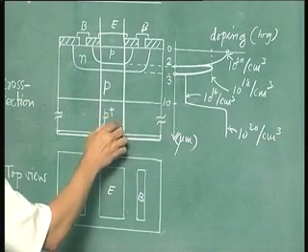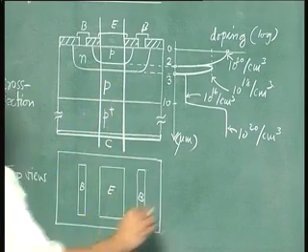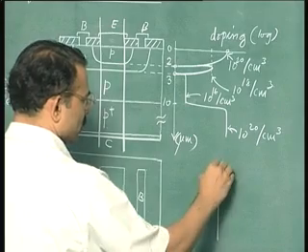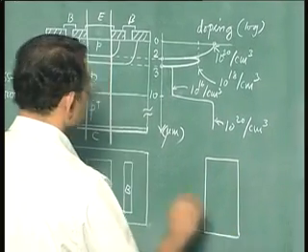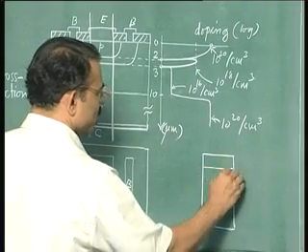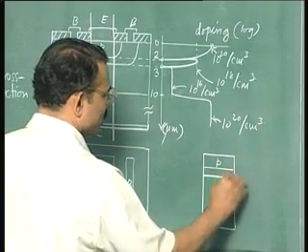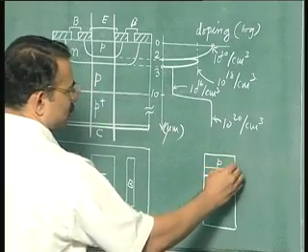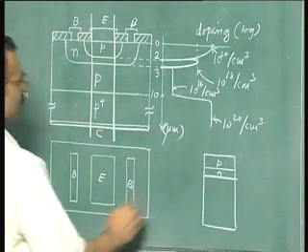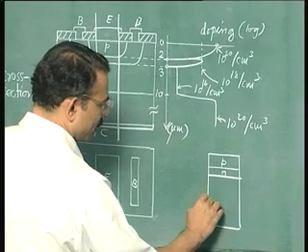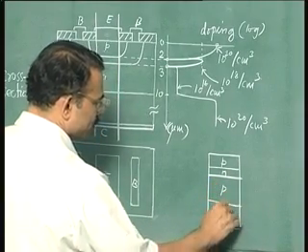So as you can see here, if I were to separate this portion, it would look something like this. I have the P region, then I have the N region which is very thin. So this is the so called N region that is being shown here, and then I have the again P and P plus.